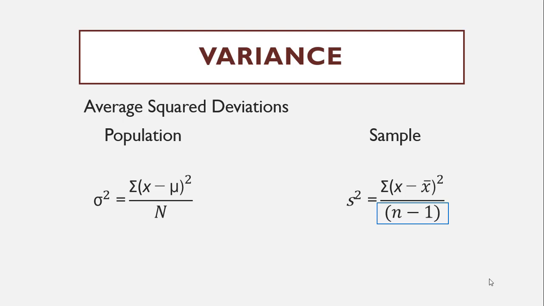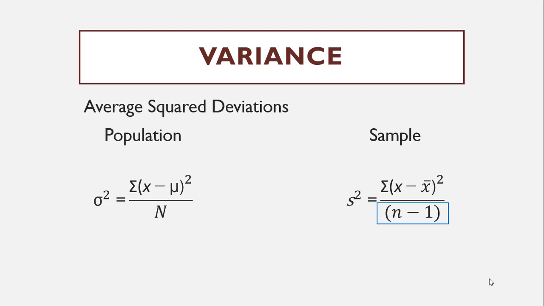If I subtract 1 from 10, I'm subtracting 10%. That's a pretty big deal. But if I subtract 1 from 100, I'm only subtracting 1%. So the impact to the final quotient, the impact to the variance estimate, is going to be smaller when n is larger.